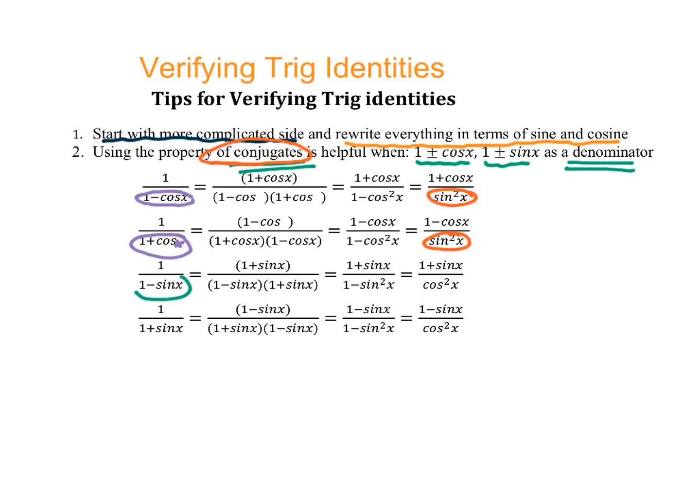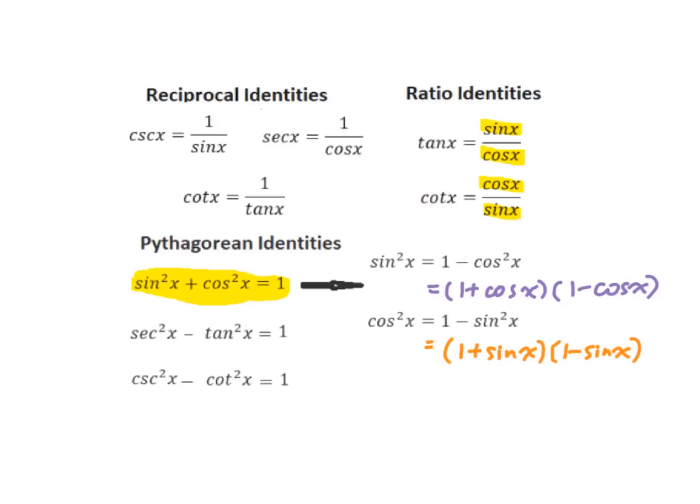When you have 1 minus sine x or 1 plus sine x as a denominator, after you do a conjugate multiply, you are supposed to get cosine squared x as a denominator.